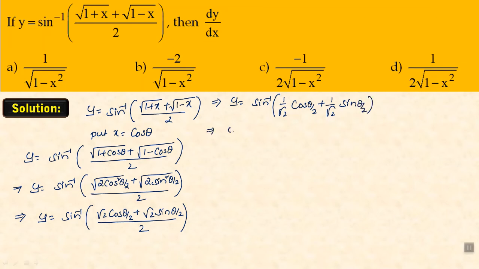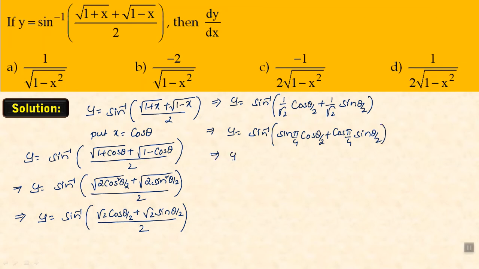That implies y is equal to sine inverse of, we know that the value of sine pi by 4 is 1 by root 2 into cos theta by 2, plus, we know that the value of cos pi by 4 is 1 by root 2 into sine theta by 2.